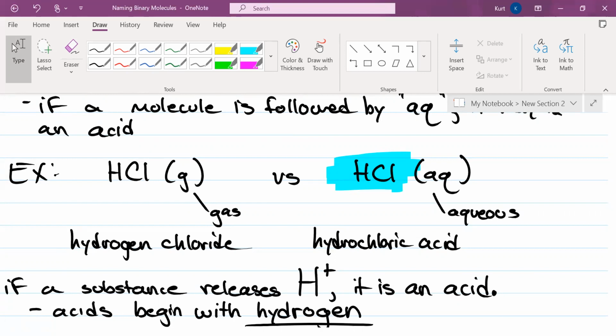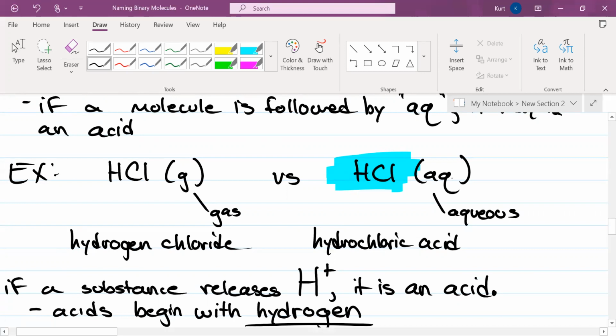Hydrogen is a nonmetal, but it is an ionic element. It has a positive charge. So if I told you to name HCl and it was a gas, the fact that hydrogen is an ion and chlorine is an ion, you would use the ionic naming rules. There are no prefixes when it comes to the ionic naming rules, so that would just be hydrogen chloride.